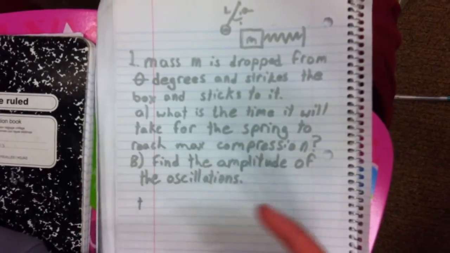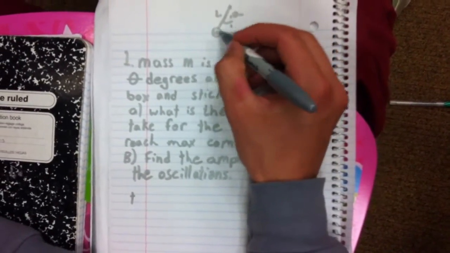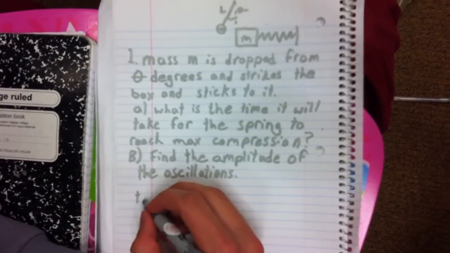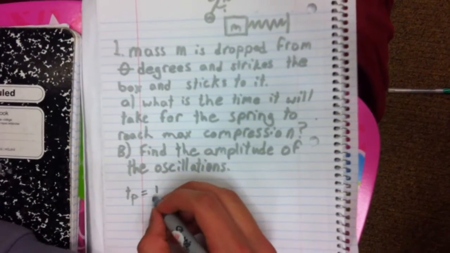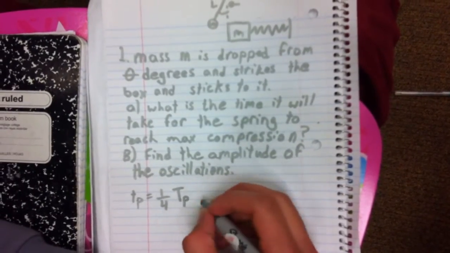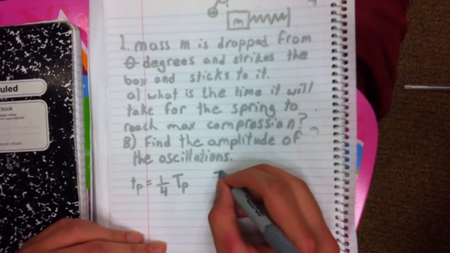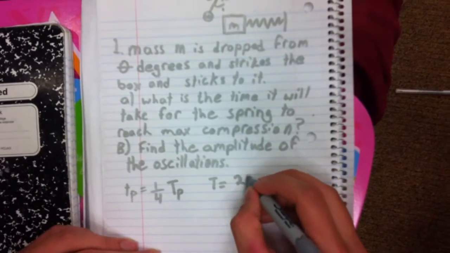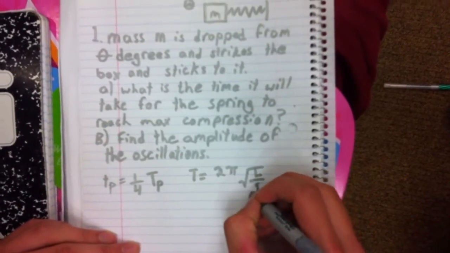Since the time it takes for the pendulum to get from here to here would be 1/4 of its period, we can say that T, call this P for pendulum, equals 1/4 of its period. And of course, the period for a pendulum is T equals 2 pi square root of L over g.